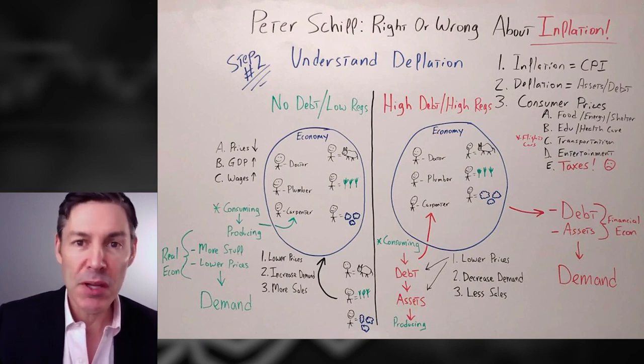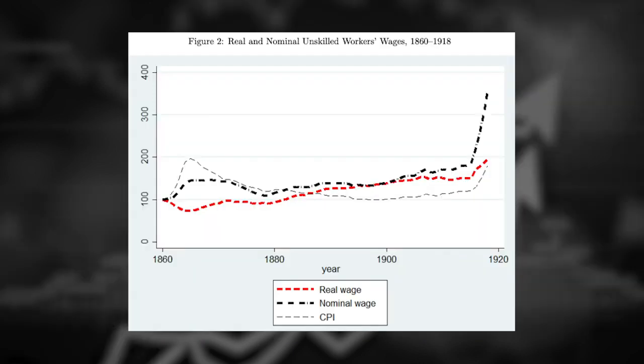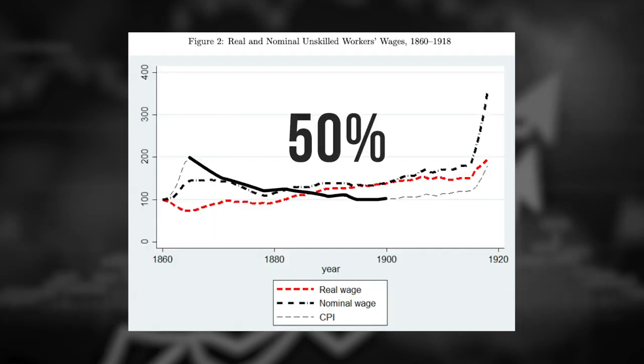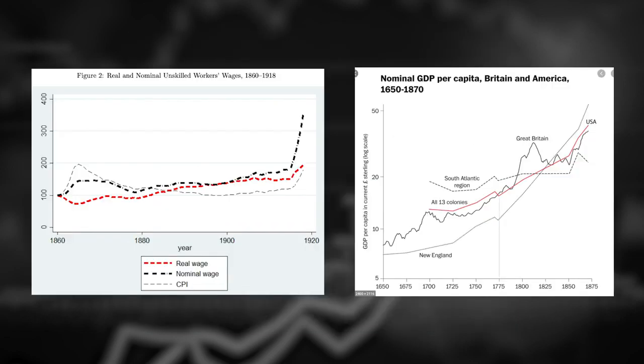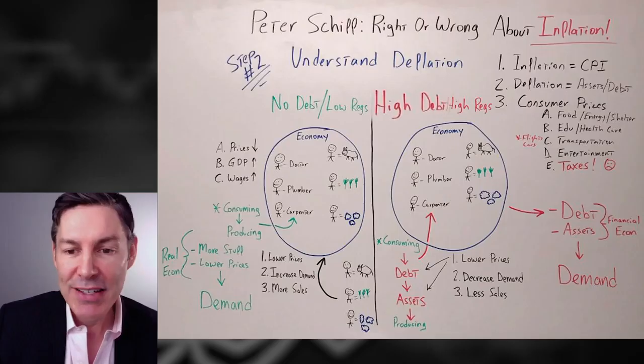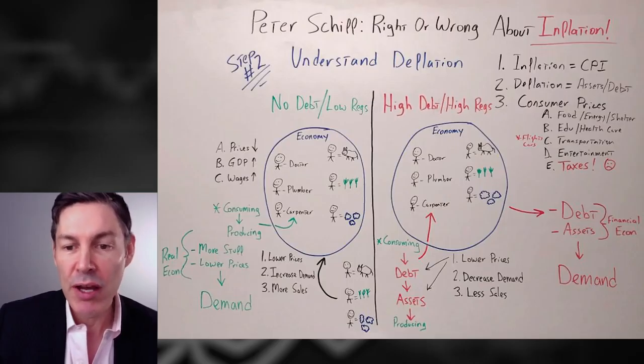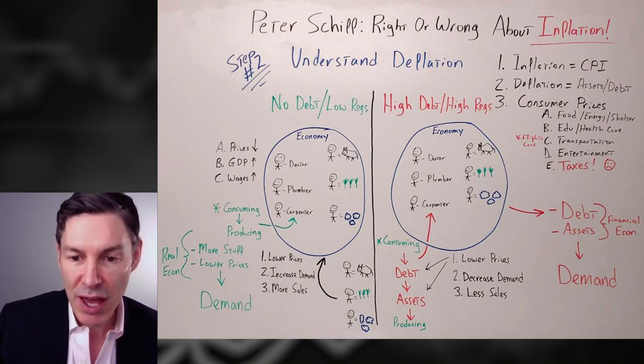And let's remember, from the year 1800 to 1900, prices went down by 50%, while GDP, nominal GDP, and nominal wages went up.